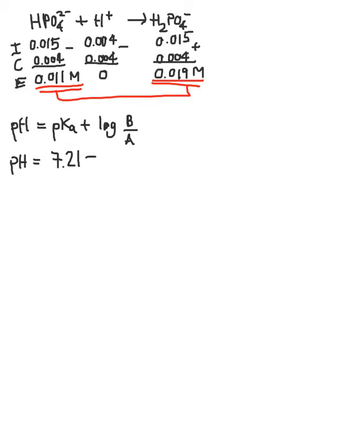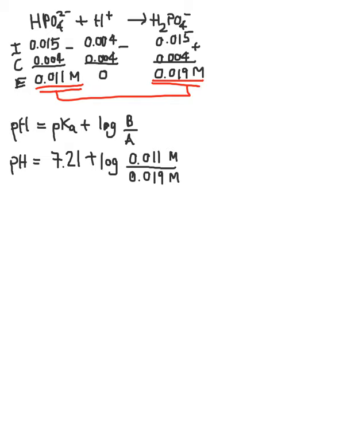And then plus log B, which would be 0.011 divided by 0.019. And yeah, this will be your final pH after the reaction occurs.